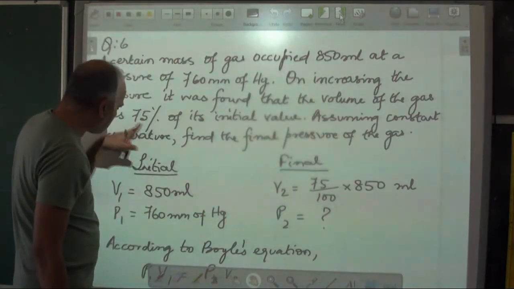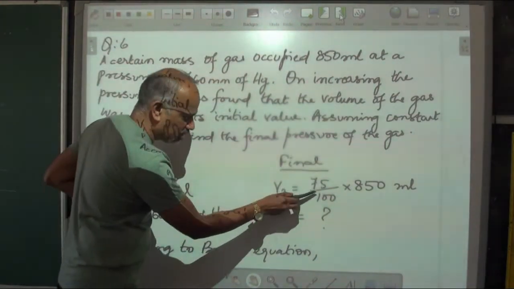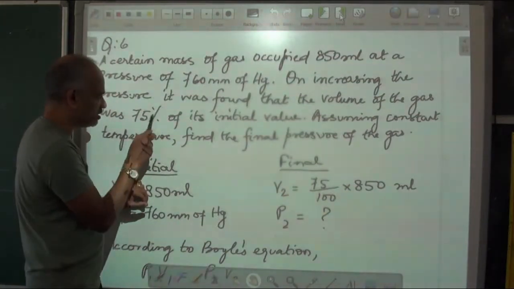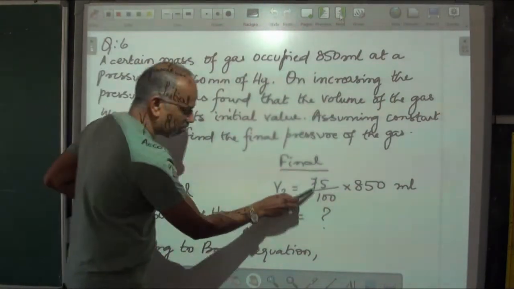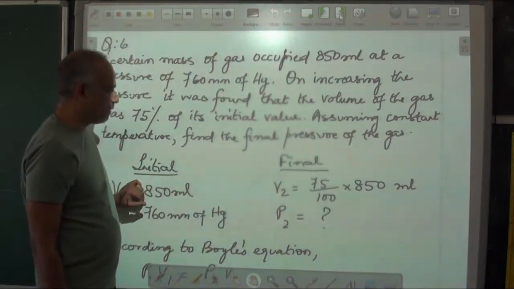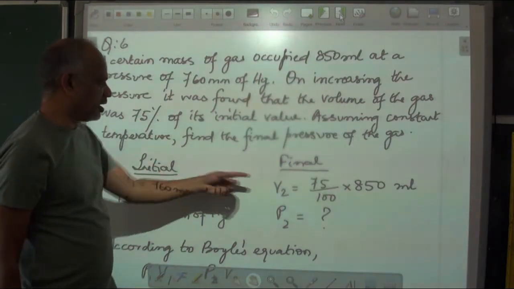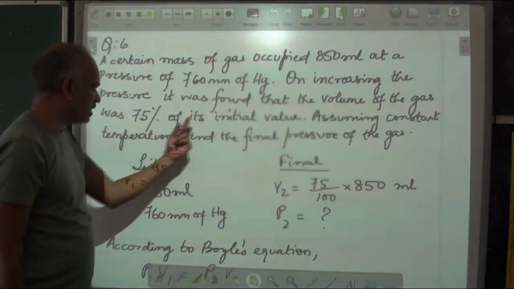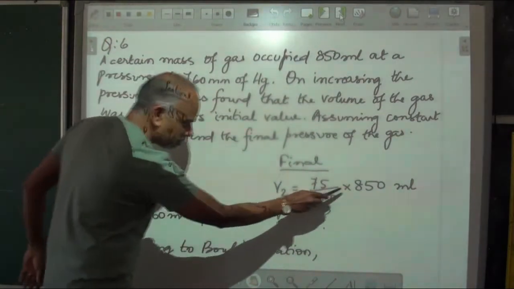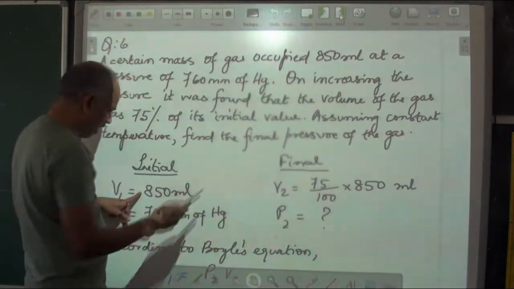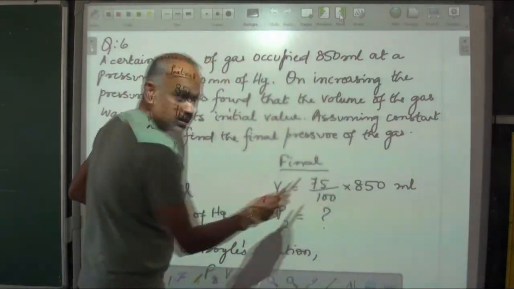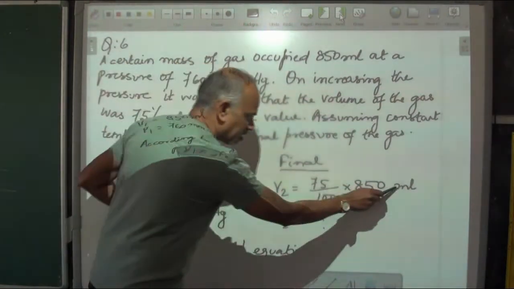Now 75% is 75 divided by 100. Of means multiplication. Initial value is 850. This was in ml, so I have written ml here.